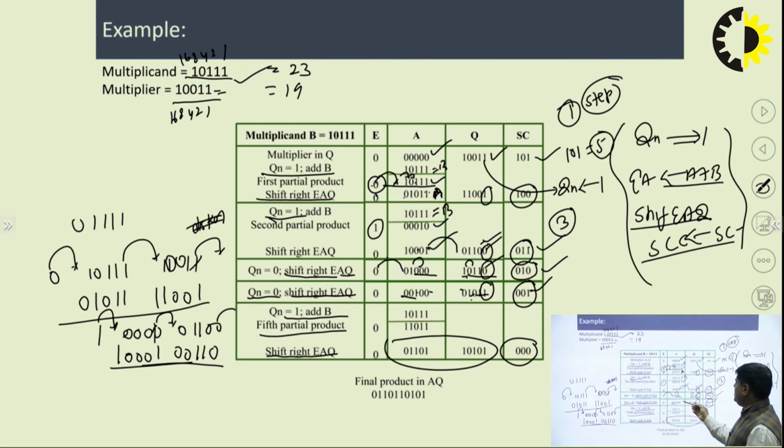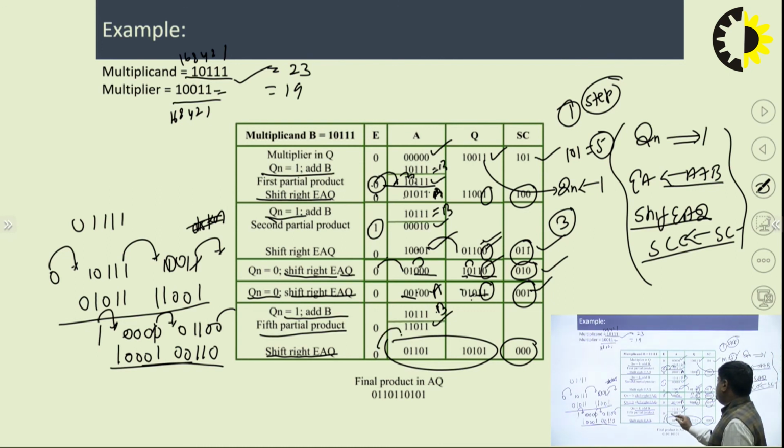Now this is your A, now this is your B. Add 0 plus 1, 1, 0 plus 1, 1, 1 plus 1, 0, carry forward here 1 and 0 plus 1, 1. Now this is the A plus B, and after the addition we shift 1 bit to the right side.